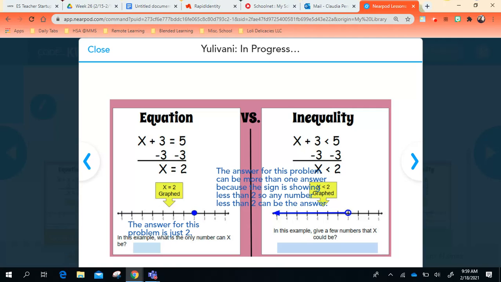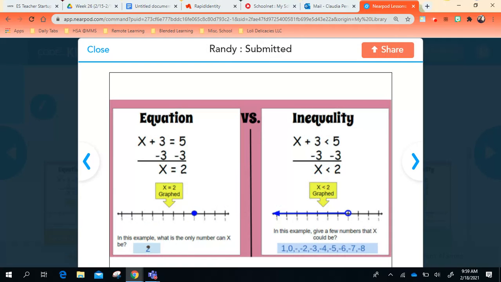So any number less than 2 can be the answer. Nice job. Randy started listing off all his numbers. For the first one, the answer is 2. And for the second one, we have 1, 0. I think that was supposed to be -1, -2, -3, and so on.